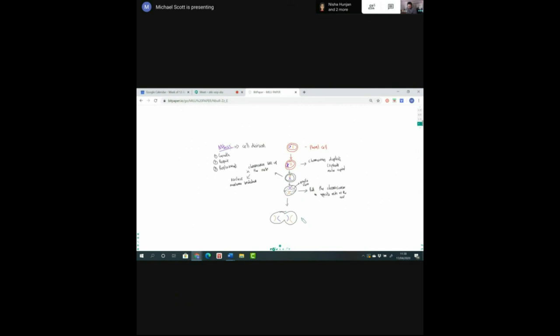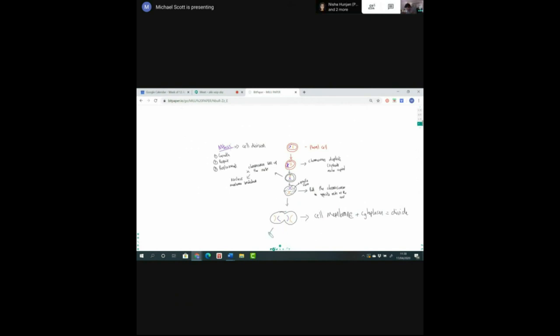Okay, so what happens here is the chromosomes have been pulled to the opposite ends of the cell, and we can see here that the cell membrane and cytoplasm has started to divide. It started to split.